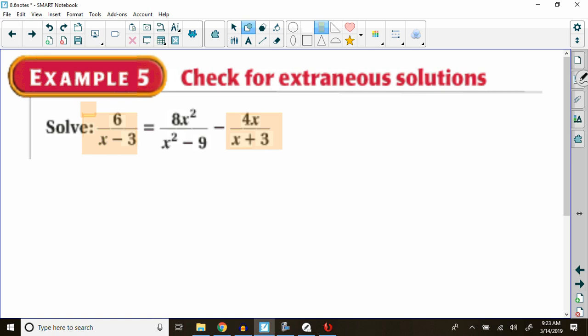But if I multiply the one by one thing and the other by the other thing, then everything's going to have the same denominator, isn't it? So let me cover up this solve here so I have some space to work with.